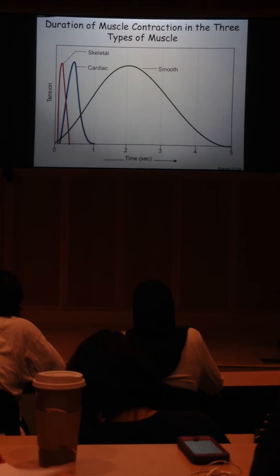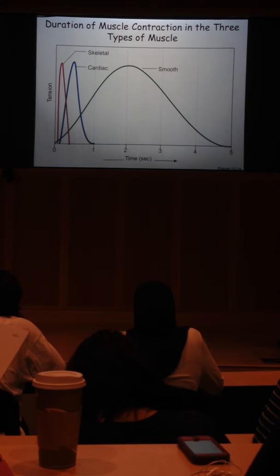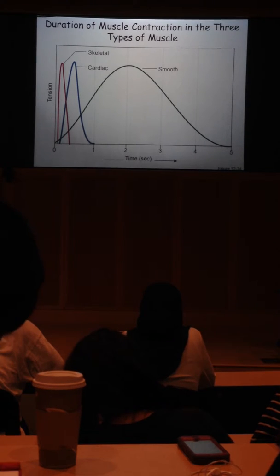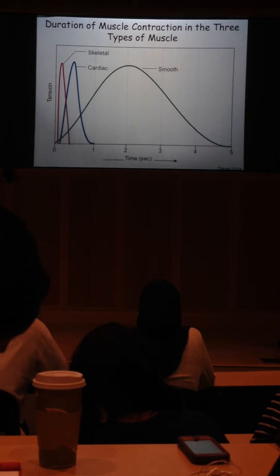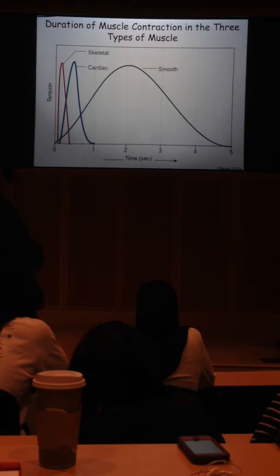Now, this is a comparison of the time course of tension that you generate in the different muscles. You can see here, in the tension you develop, skeletal muscle is the quickest, much faster. The cardiac muscle takes longer, and the smooth muscle is the longest. The reason the cardiac muscle and the skeletal muscle are different is, if you remember from the action potentials, the cardiac muscle action potential has a plateau phase, with a much longer calcium influx.